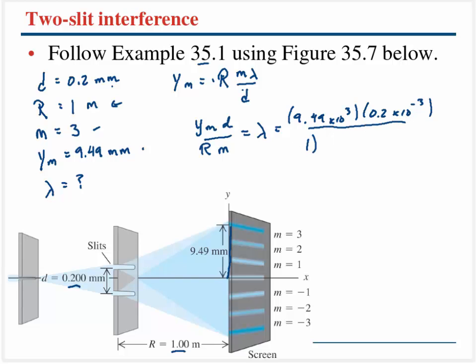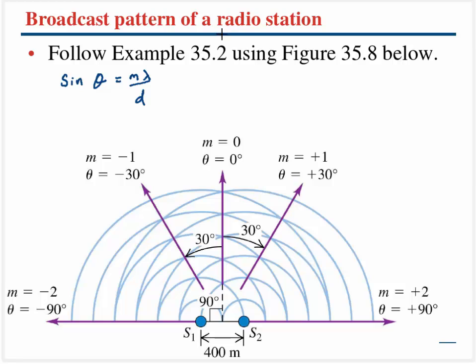Distance to the screen is going to be 1 meter, and I'm looking at the third band, and so this wavelength of light is going to be 633 times 10 to the minus 9th meters, or 633 nanometers.